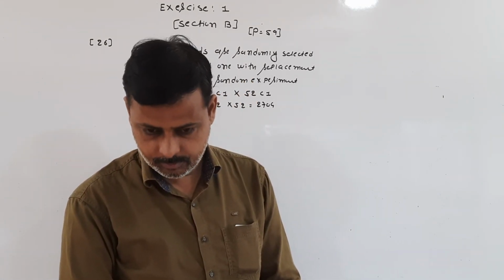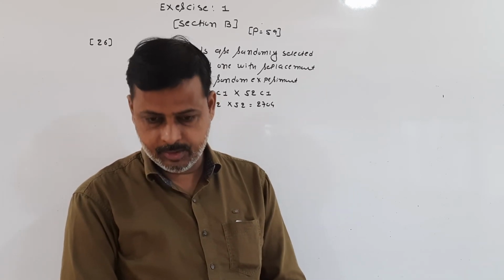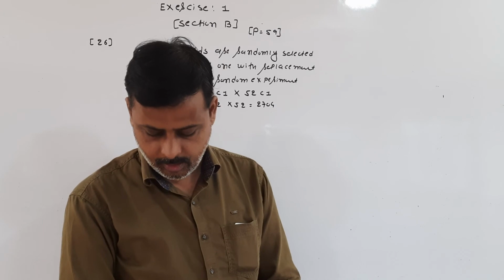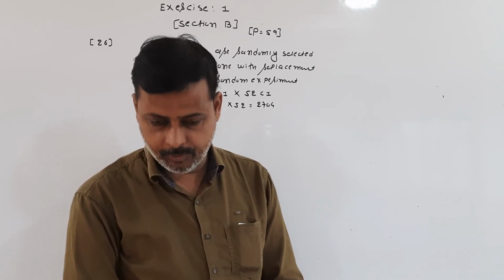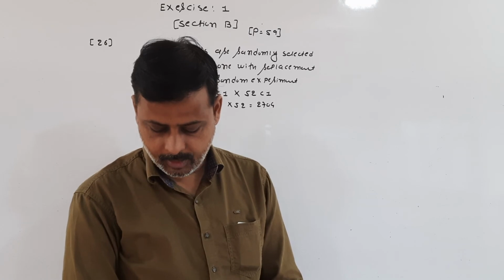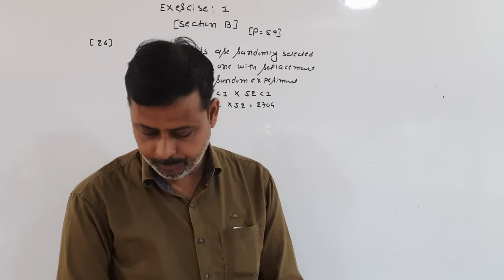27. For 2 independent events A and B, P of B upon A is 1 by 2 and P of A intersection B, that is 1 by 5.